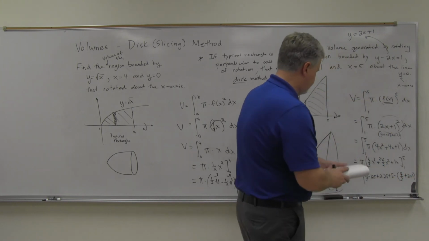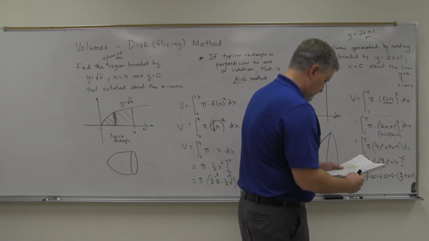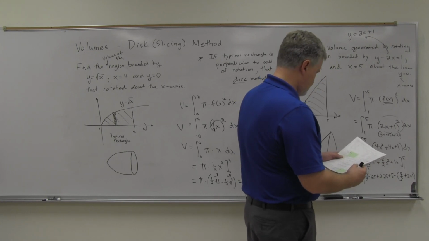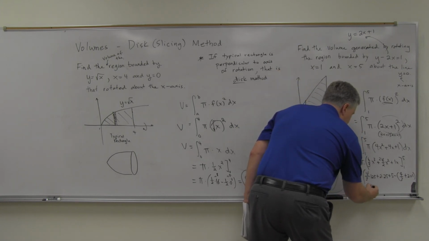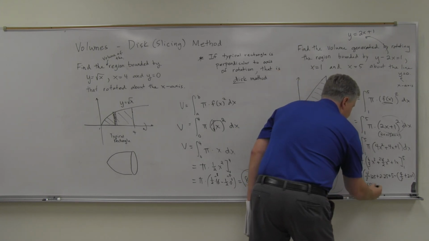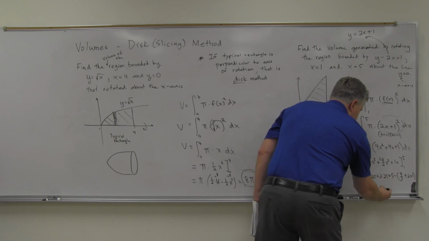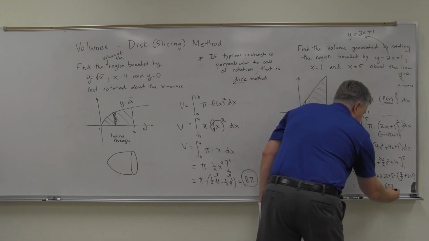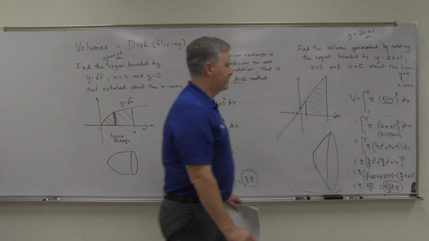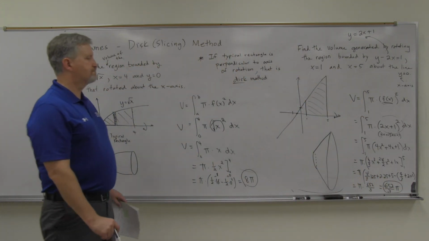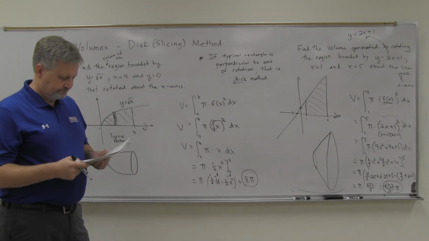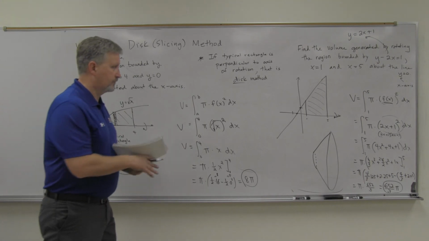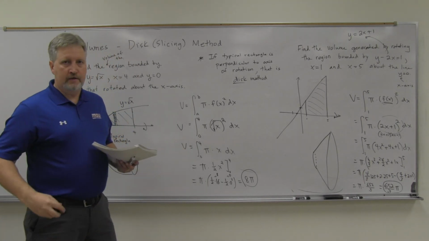Whatever that gives me, I get 652 over 3 for all that. So it's 652 thirds times pi, be the volume. Okay.